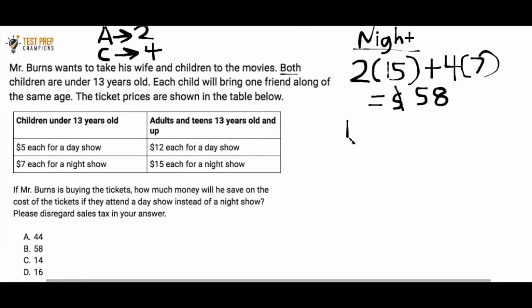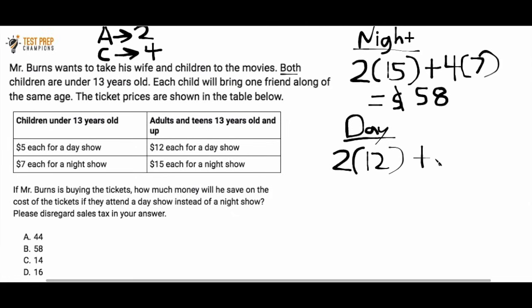So that's how you would do night. Now, the process for day is basically the same thing here, except it's going to be different numbers. So again, we have to add up the cost of the adults and the cost of the children, but this time we're looking at the prices from the day. So there's 2 adults, there's him and his wife, and the cost for one adult for a day show would be $12.